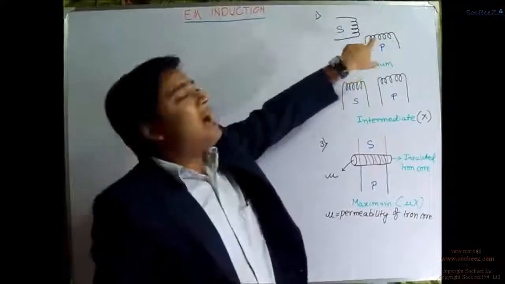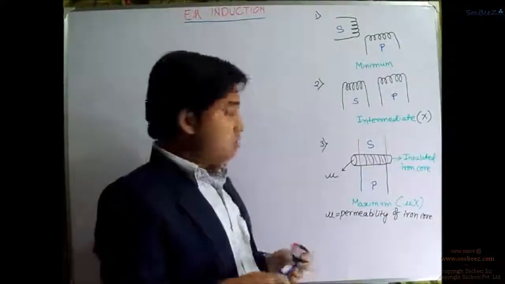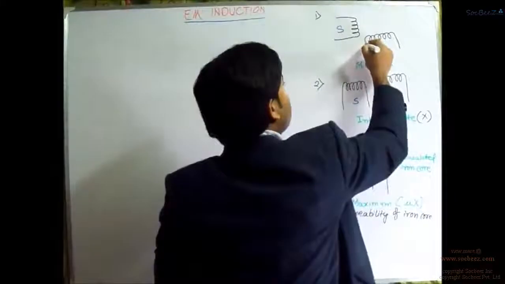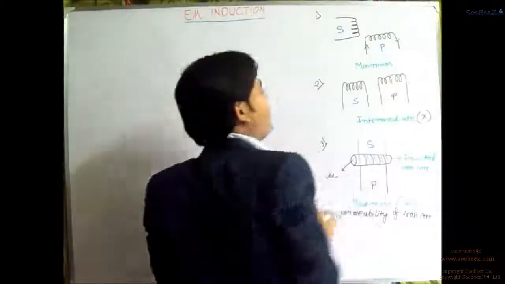Say, for example, in the primary coil the current is being induced, and the current flows like this.